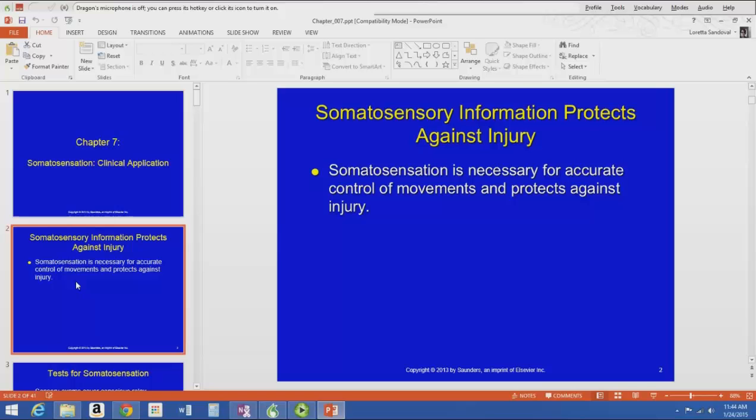We probably wouldn't live very long without our somatosensory system, or it would be quite difficult. It's also that proprioceptive information, accurately controlling our movements, and getting the feedback that's necessary for our brain to provide the orders for how we're going to stay balanced and walk and do our day-to-day activities. So the somatosensation is kind of where it starts, and it's really important for all this stuff.